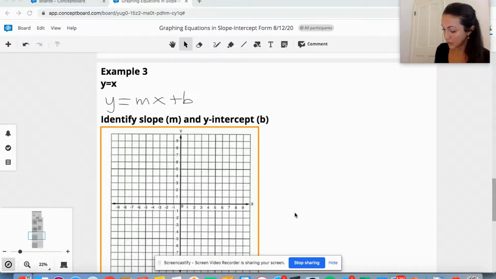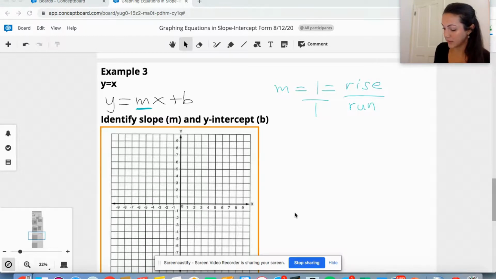All right, so m is a number, and in this case, we have a 1 in front of x. So we have a slope of 1, but because we need a rise over run, we're just going to put that over 1.